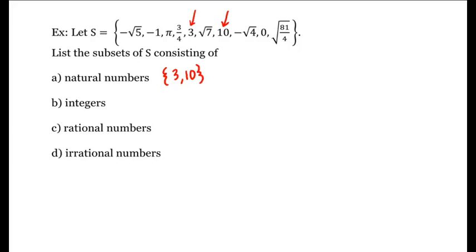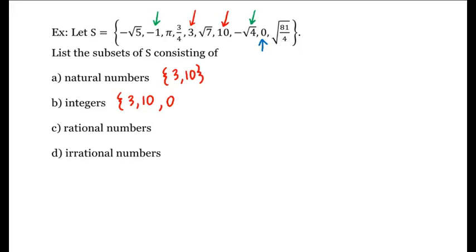Now, the integers are these natural numbers together with 0, and we do have 0 in our list. So let's add 0 here, as well as any negative natural number. Looking at S, we see we have this negative 1 here in the front, but also we have this minus square root 4.